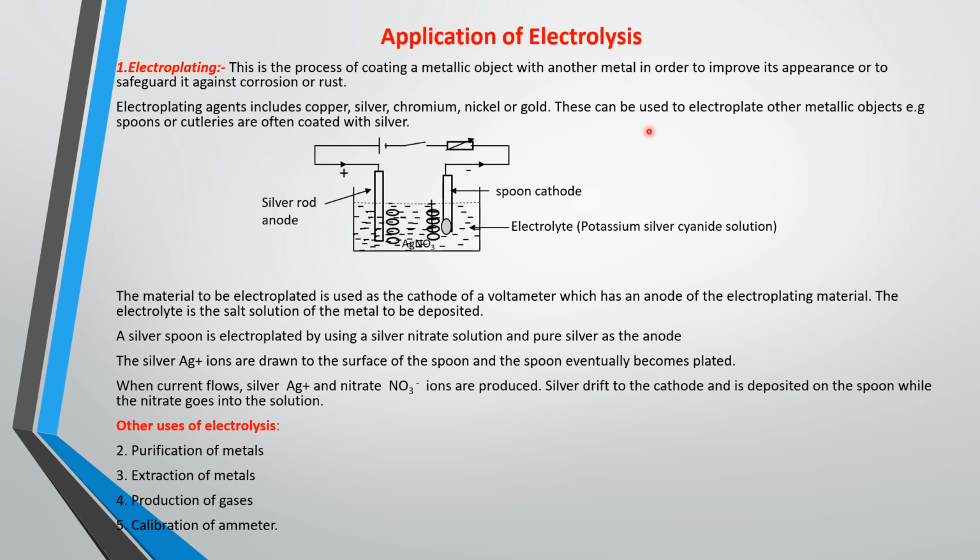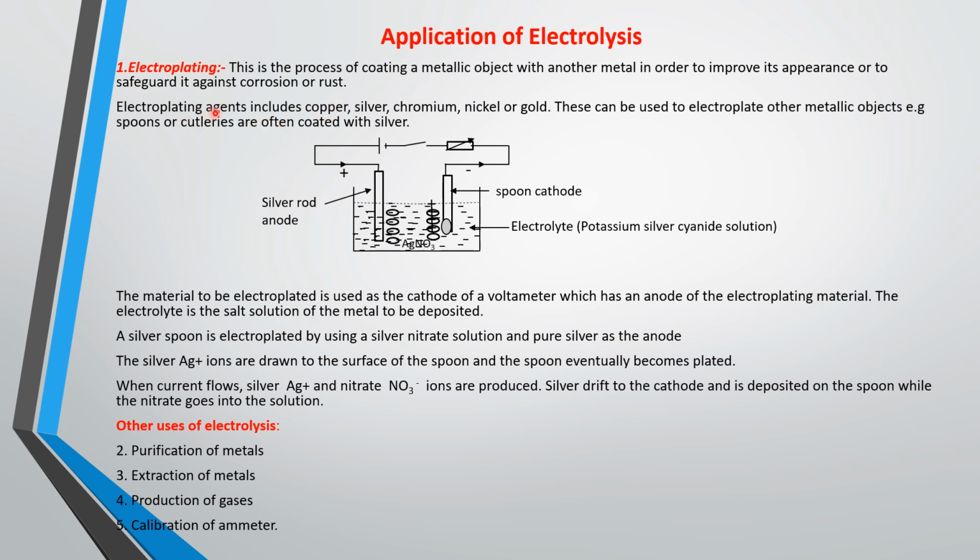The process of electroplating metals is carried out through electrolysis, coating a metallic object with another metal in order to improve its appearance or to safeguard it against corrosion or rust.